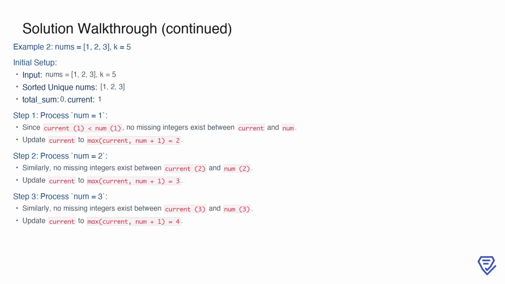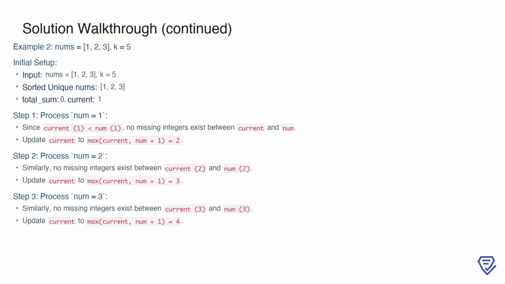For the next example, we have nums equals 1, 2, 3, and k equals 5. After sorting nums, we get 1, 2, 3. We initialize total_sum to 0 and current to 1. Looking at the first number equals 1, we find that current is equal to number, so there are no missing integers between current and number.